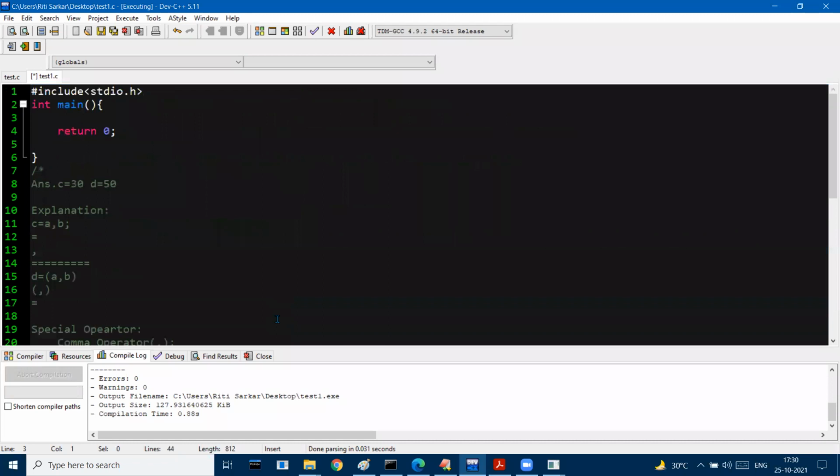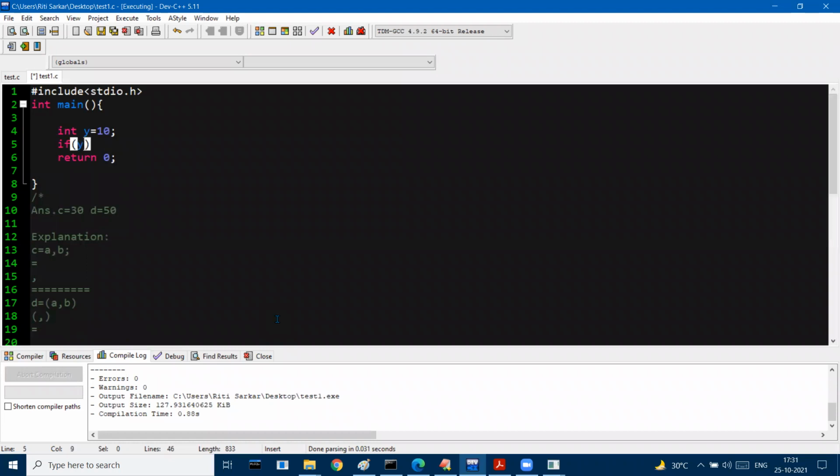Next and after that. So today we have learned two new things. One is the logical not and another is the special operator, comma operator. Next, this one is a bit easier as we have already done something like this.